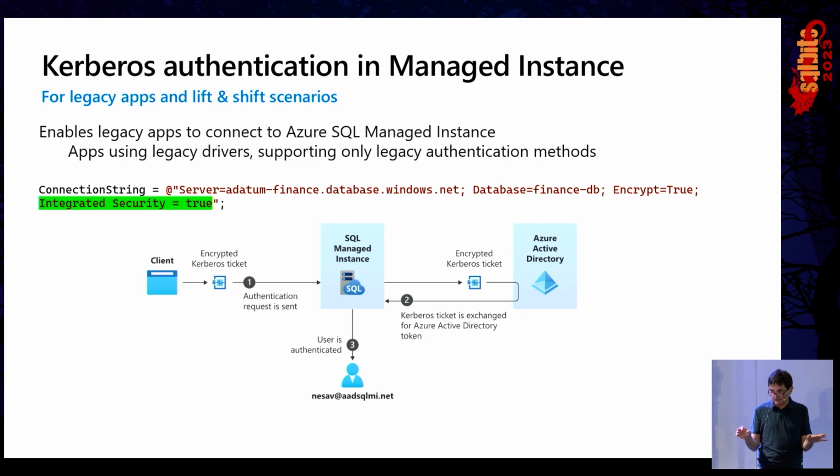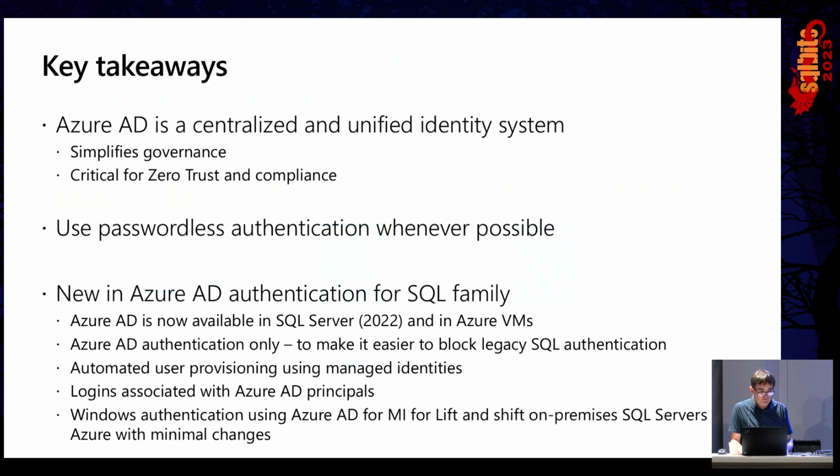No need to update the client driver, no need to change the value of this property, which is only available in new client drivers, right? So that's what we enabled. There is lots of literature on how we did that exactly and how to set it up. It's somewhat involved, but I just wanted to let you know about the value prop of it, which is key.